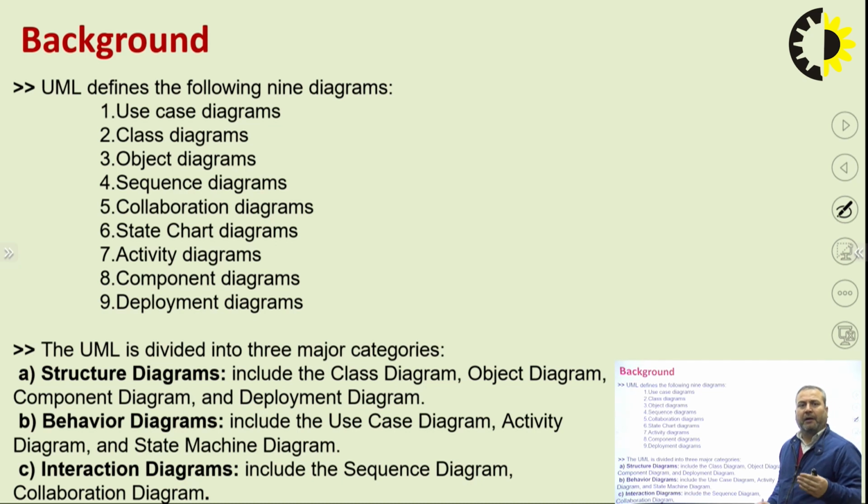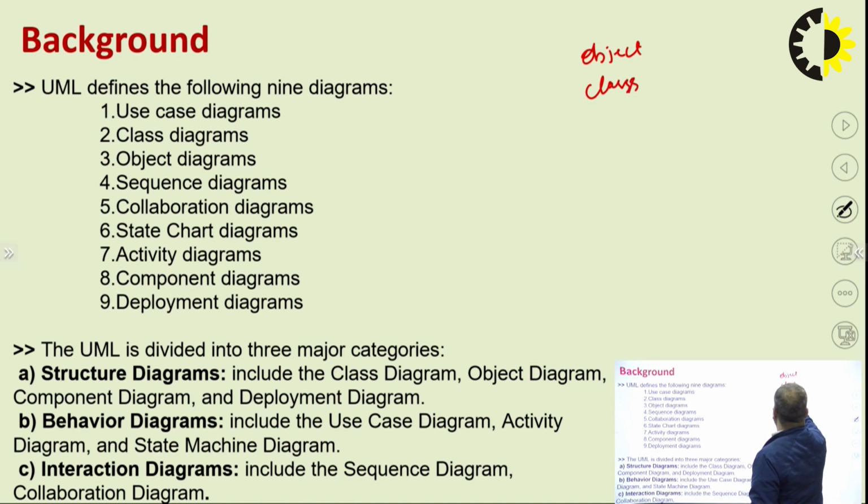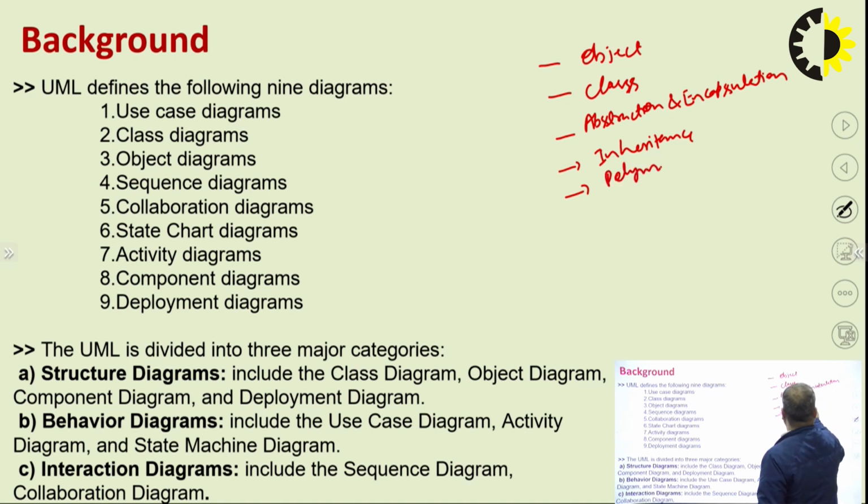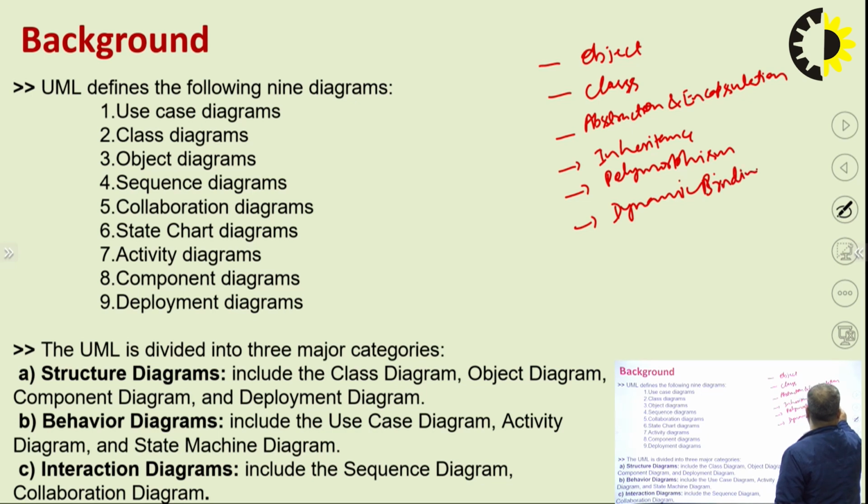In object oriented programming, basically the concepts which we use are object, class, abstraction and encapsulation, inheritance, polymorphism, dynamic binding, and message passing.